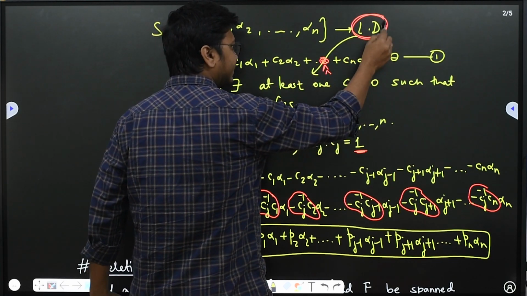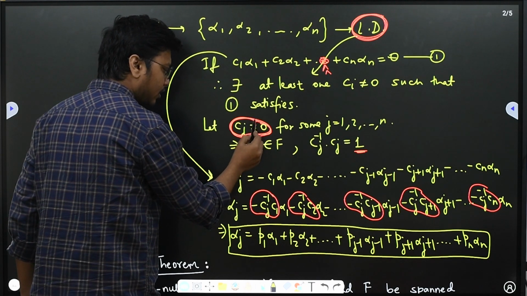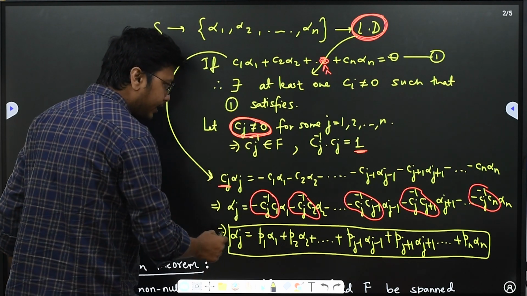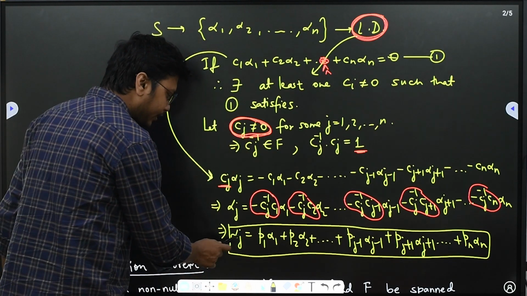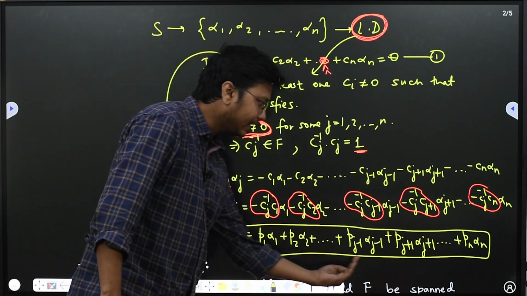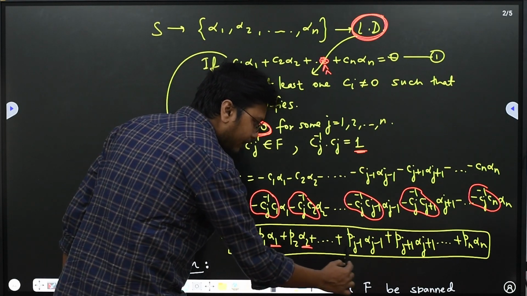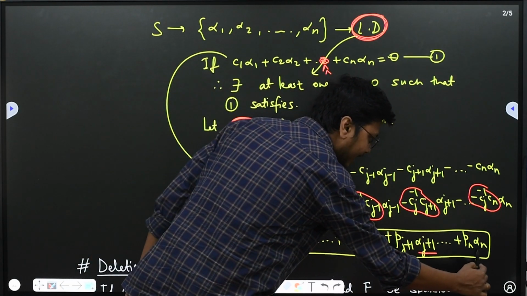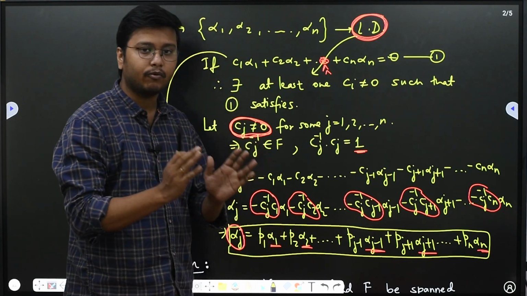If a given set is linearly dependent, then there exists some Cj non-zero, then corresponding to that jth element, the index is j, so corresponding to that, the alpha j element can be expressed as a linear combination of the remaining other vectors of that particular set. So this is the property that I wanted to tell you.